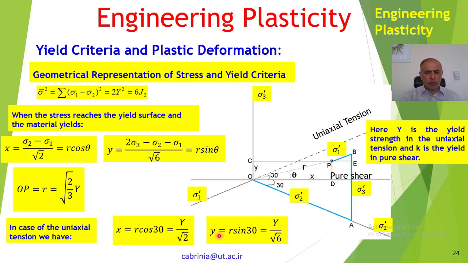Therefore, you can see that as OP increases in magnitude and reaches the yield surface, the coordinates become this. But these are the coordinates for when it has not reached the yield surface yet. Okay, it's just a state of stress in general.